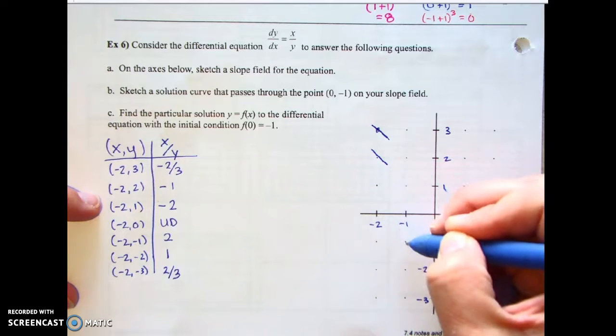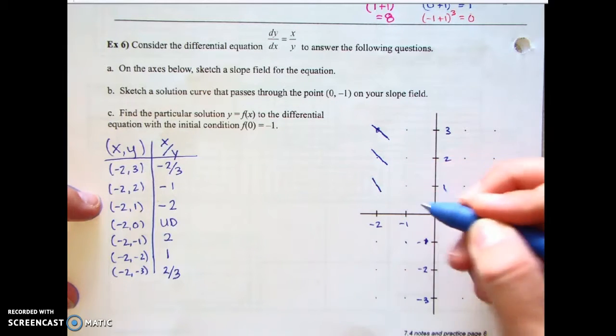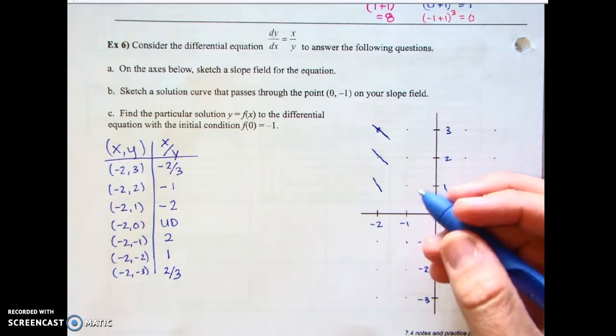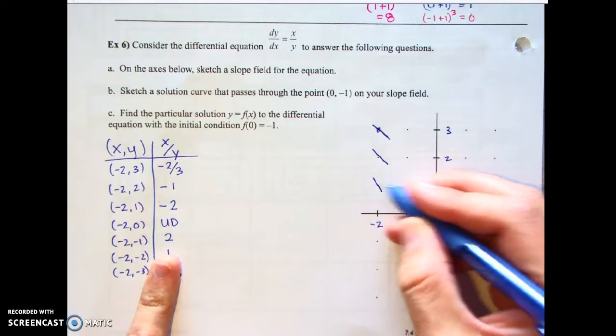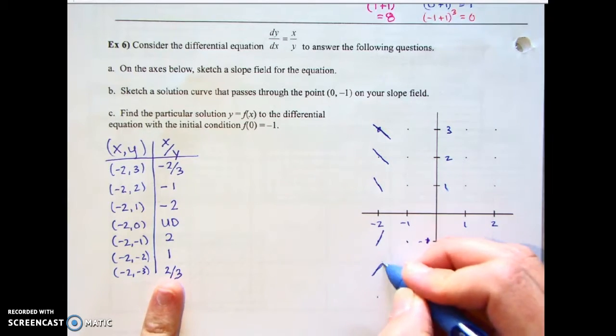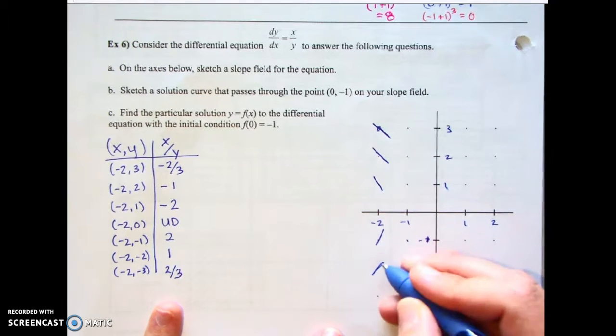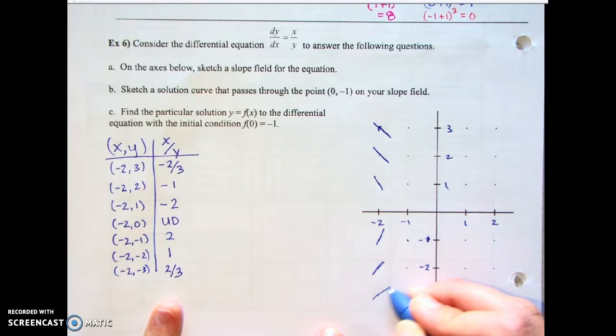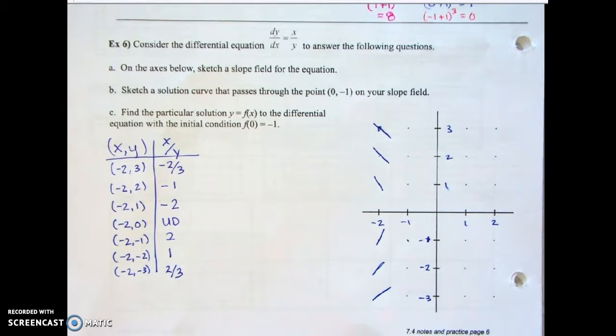So starting here, pointing in this direction, but just a mini slope. Undefined means you don't draw it. And then we go to positives. So now we're going up 2 over 1 to draw that. Then a +1 slope. And then up 2 over 3. So I'm aiming at this point, starting here. All right, that's our first one.